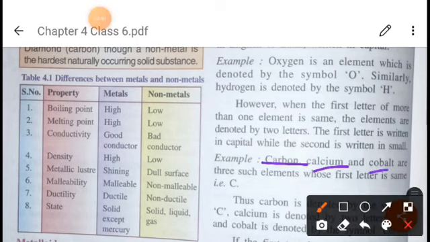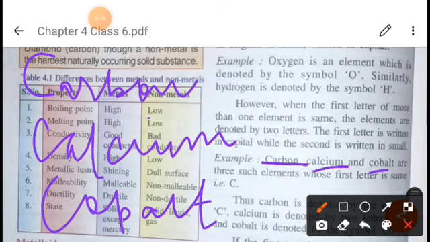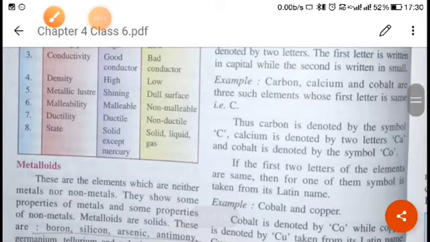You will see that the first letter is C in all of them. So in this case, we denote them by two letters.